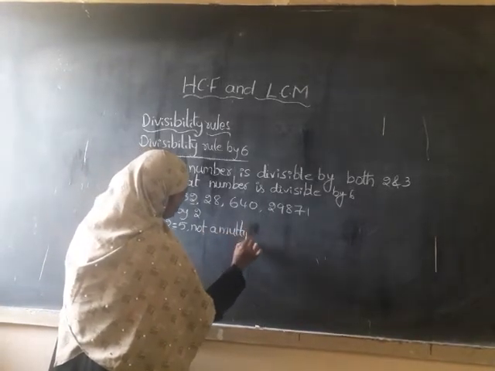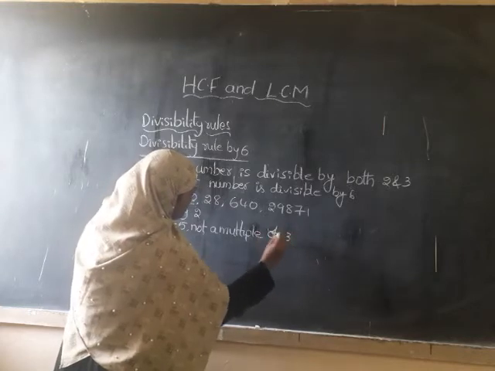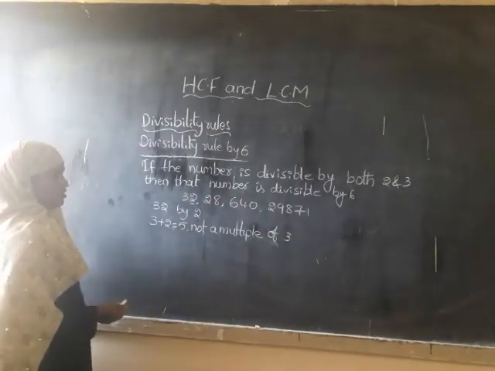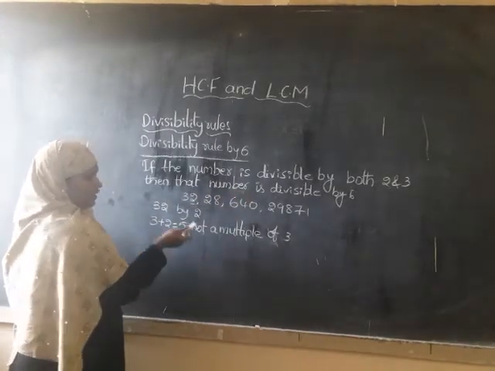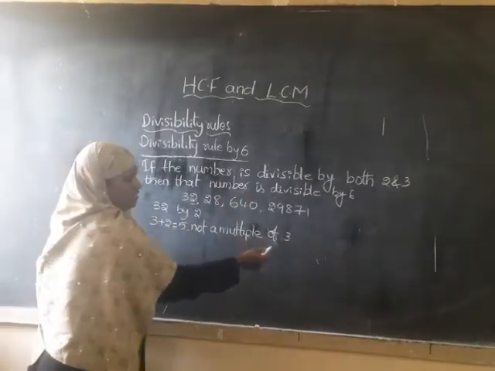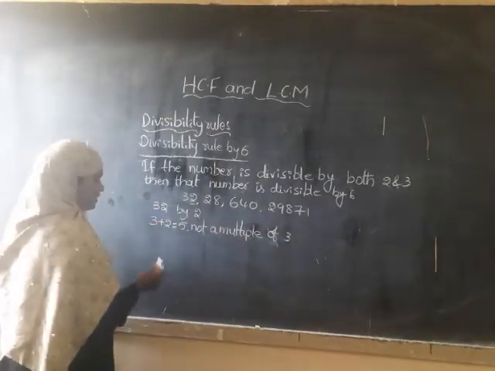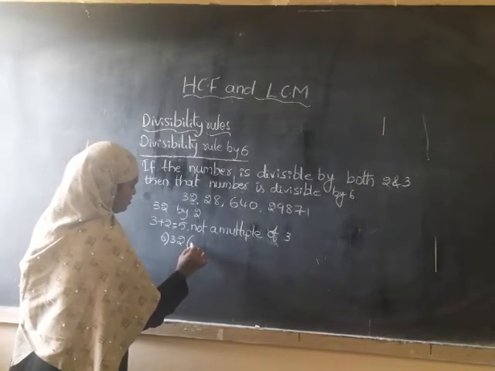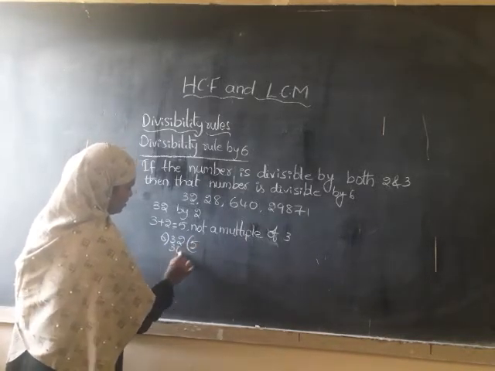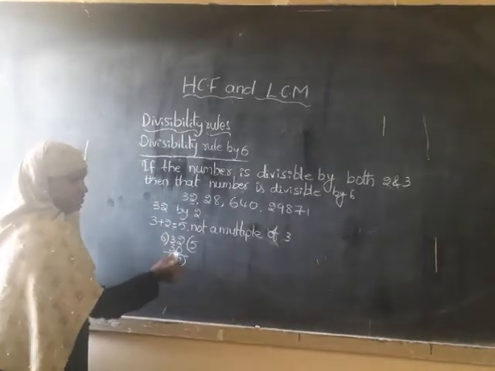That means it is not divisible by 3. So what is the rule? If a number is divisible by both 2 and 3, here it is only divisible by 2 but not by 3. So obviously it is not divisible by 6. See, 6 fives are 30, there is a remainder 2. So it is not completely divisible.